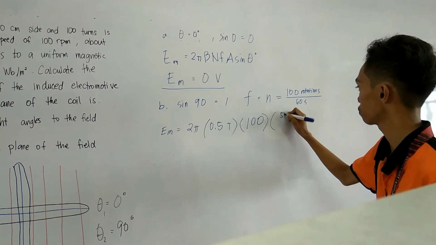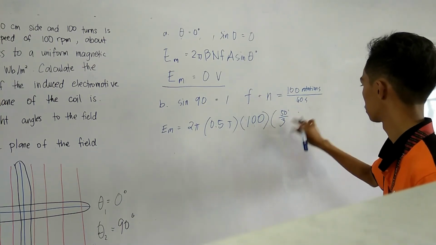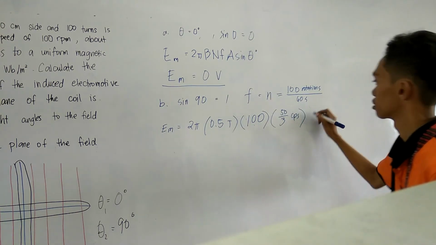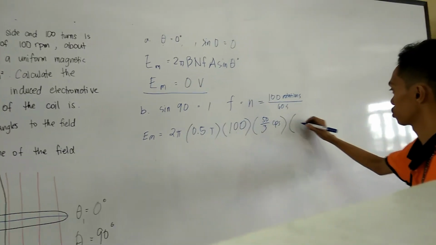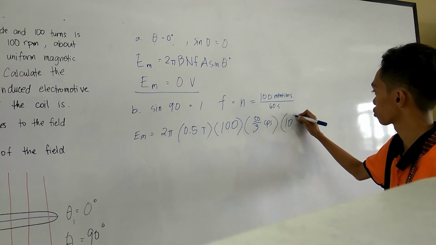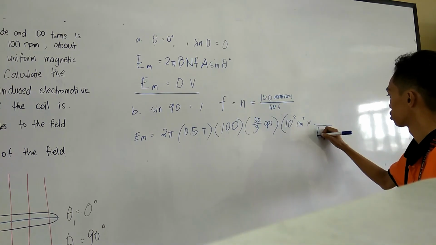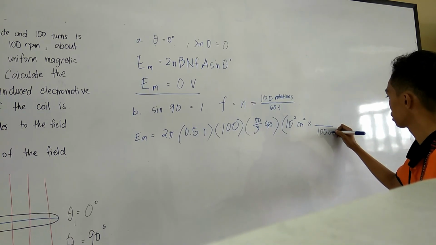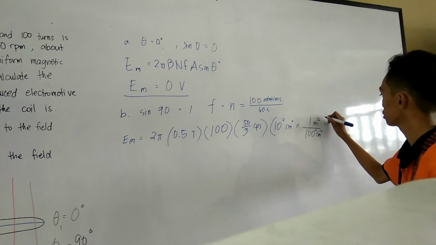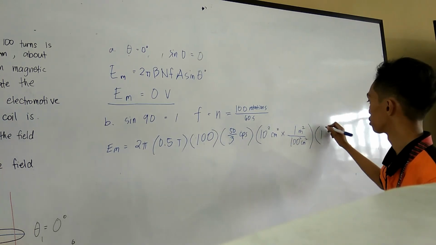So that's 50 over 3 CPS, times area, which is 10 centimeters squared times 1 square meter per 100 cm squared, times 1.